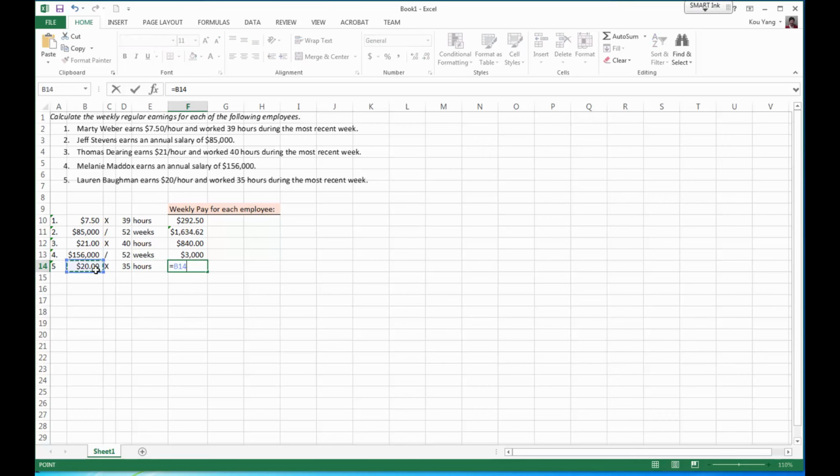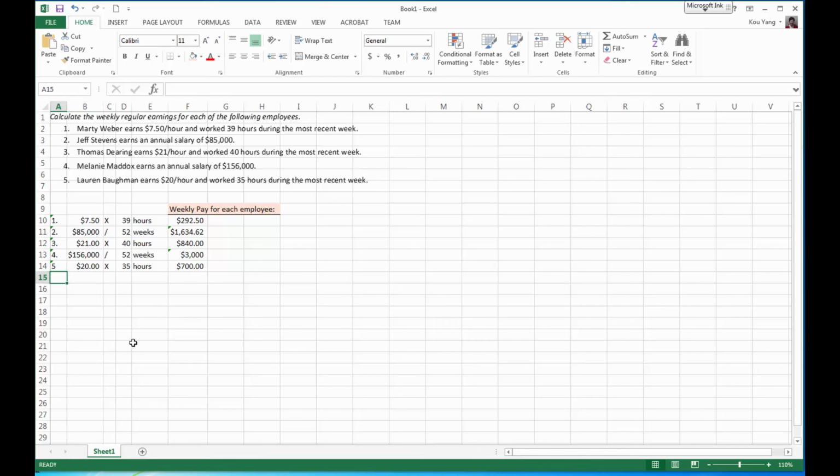So equals $20 per hour times 35 hours equals 700. Or you can take the equal sign again: $20 times 35 hours equals $700 for that week to be distributed to Lauren Bogman.